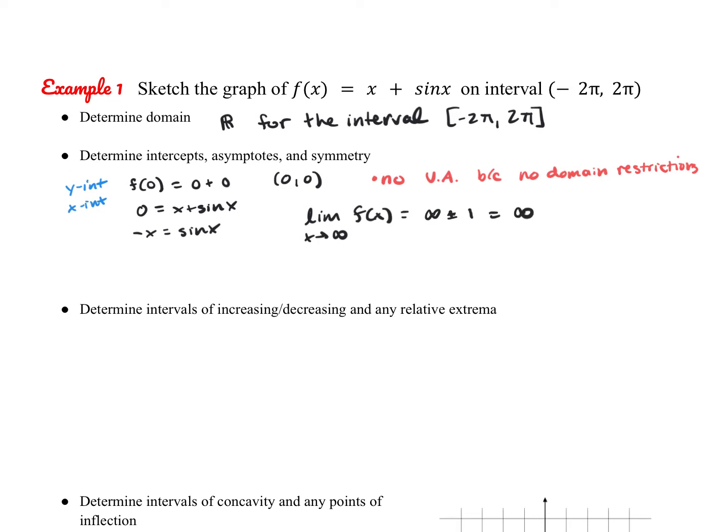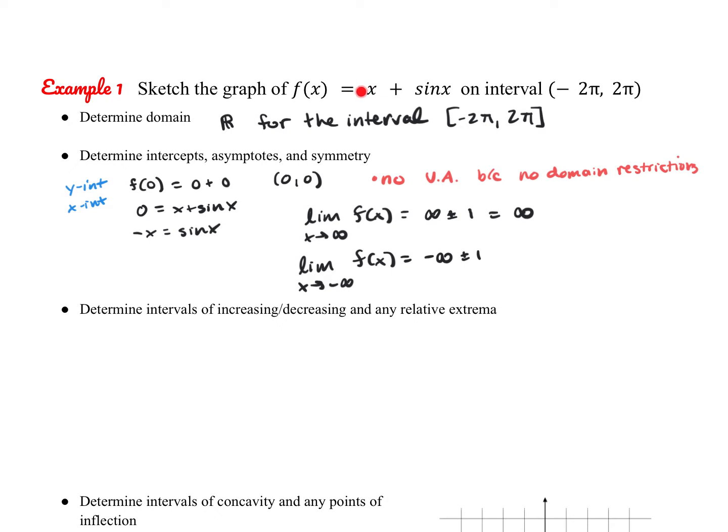So that means that there's no horizontal asymptote on the right. Let's see what's happening on the left, as x approaches negative infinity. So x will approach negative infinity, and going to the left, your sine function will do the same thing. It will bounce between positive and negative 1.